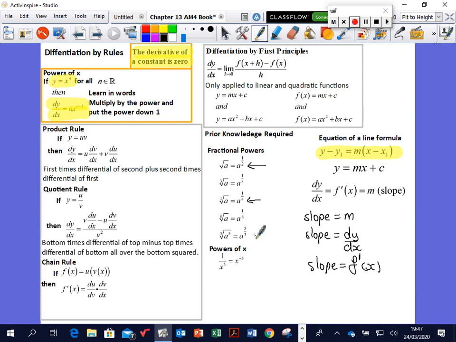Here, if you've got a cube root and you've got a to the power of 5 inside, then the 3 becomes the fraction at the bottom. Really important, remember this. And the other thing, from last lesson's revision, is that 1/x to the 5 can be written as x to the power of minus 5. It's really important that you actually learn that.